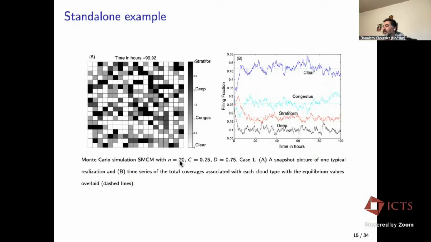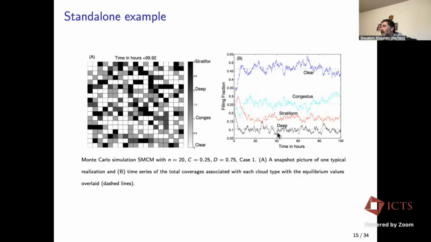Here we have a 20 by 20 lattice, and we run it with that stochastic Markov chain for like 100 hours. And then you see these oscillations. This is deep convection, this is stratiform, and this is congestus, and this is the total of clear sky. Clear sky is just the complement of the cloud, so you simulate the 3, and then the difference from 1 gives you the clear sky.